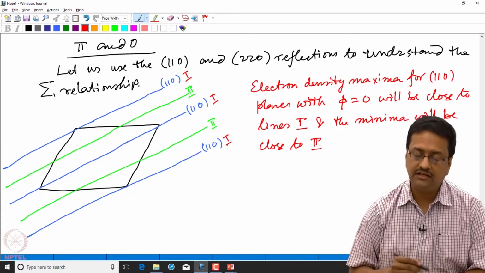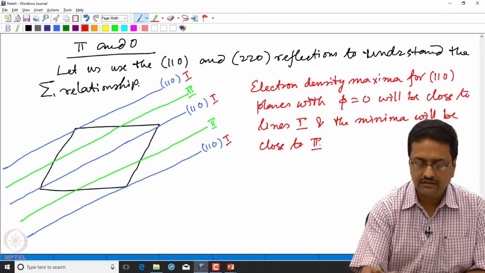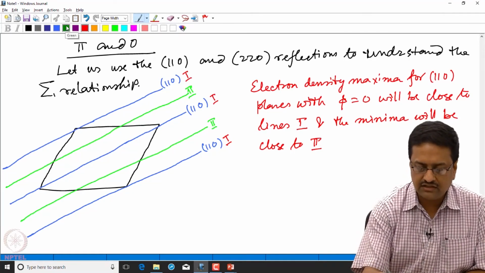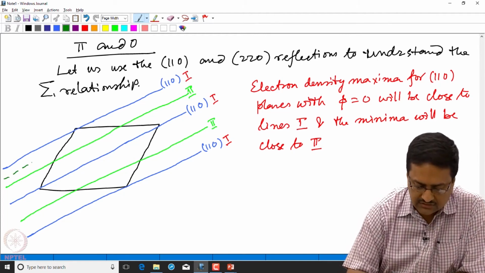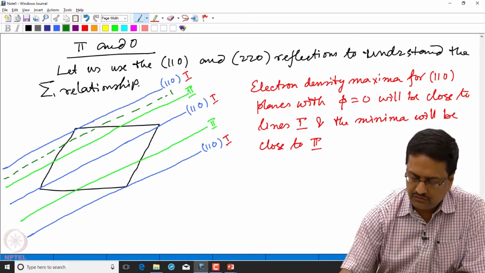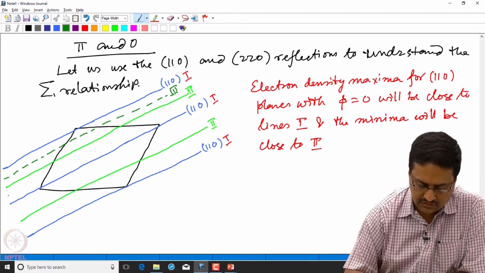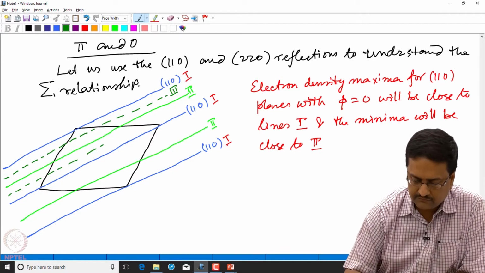So where would the 0 of electron density lie? The 0 of electron density would lie in between 1 and 2, which I am drawing here as dashed lines. That dashed line will indicate the 0 electron density for this 110 set of planes.